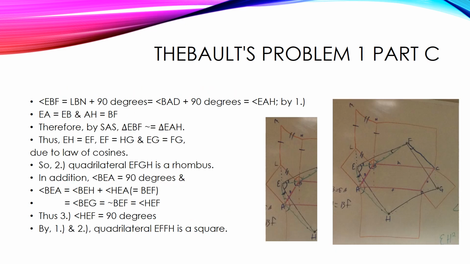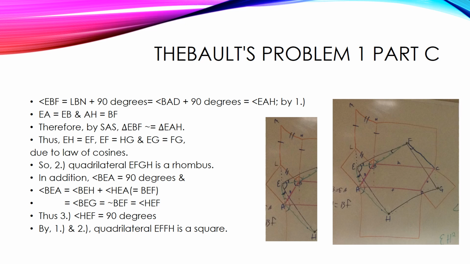Okay, so angle EBF, this angle right here, equals angle LBN plus 90 degrees. And this is also equivalent to angle BAD plus 90 degrees, which also equals this angle EAH, this right here. And we'll mark this as 1.